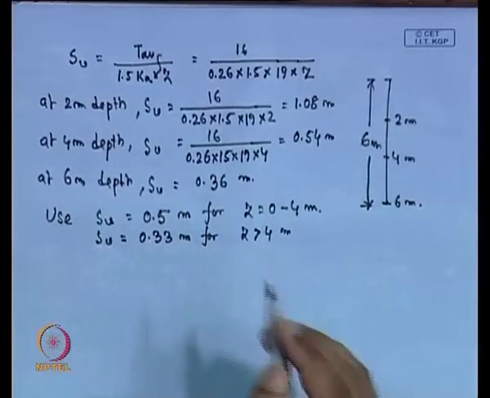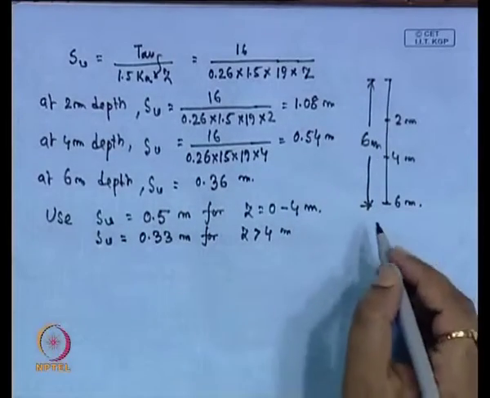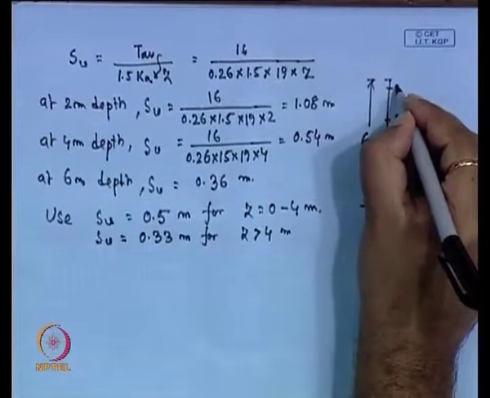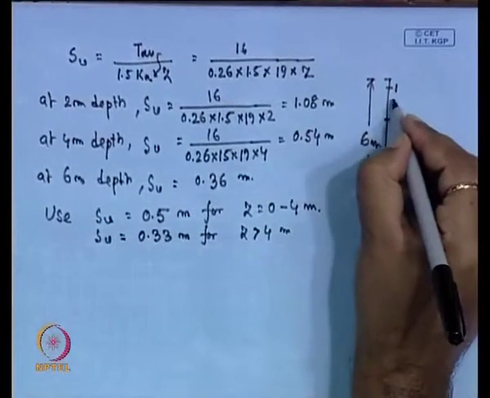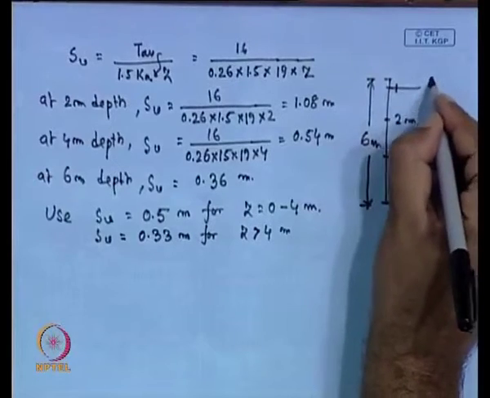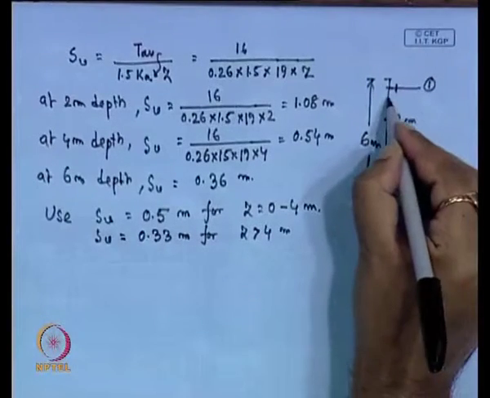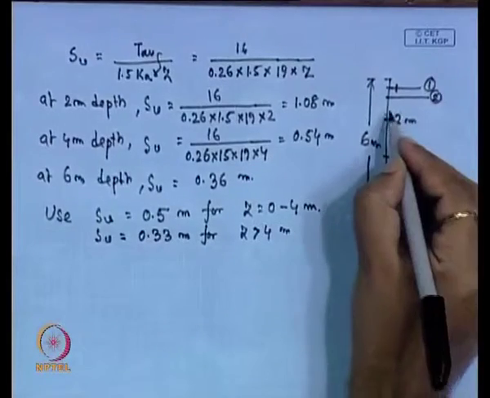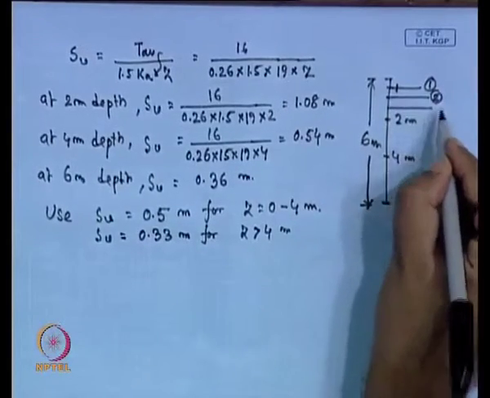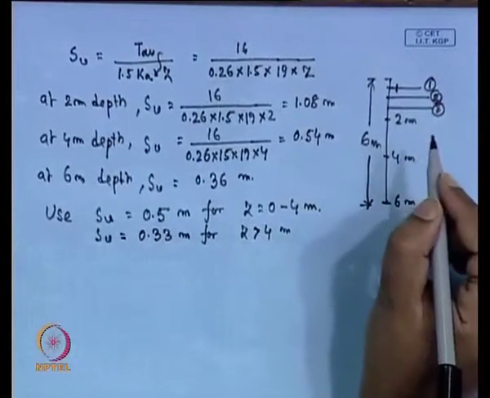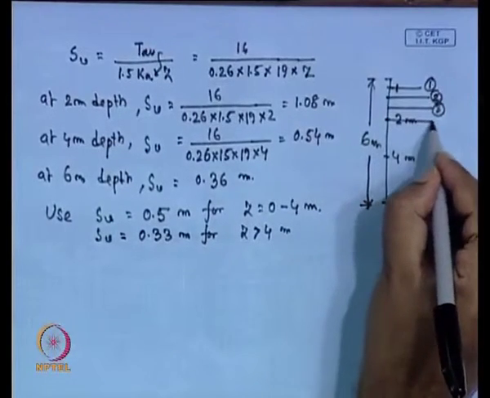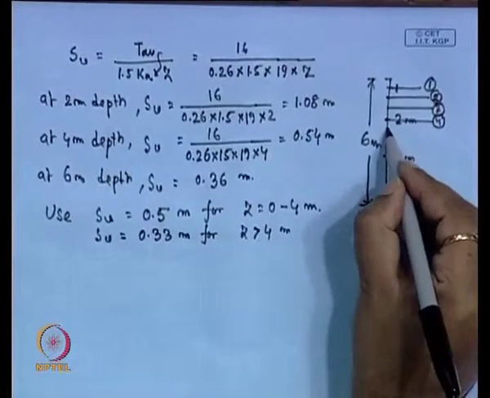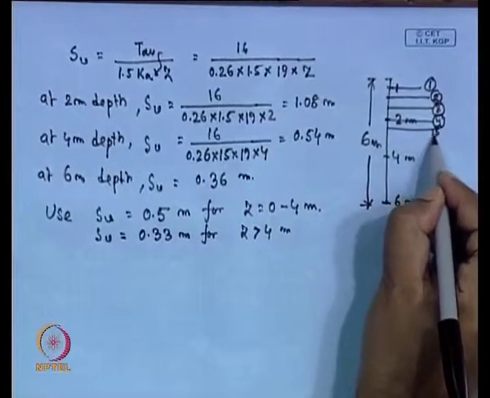So, the number of reinforcement will be, at 0.5 meter we will provide the first, at 1 meter we will provide another, 1.5 will be the third, 2 meter the fourth, then 2.5 the fifth.